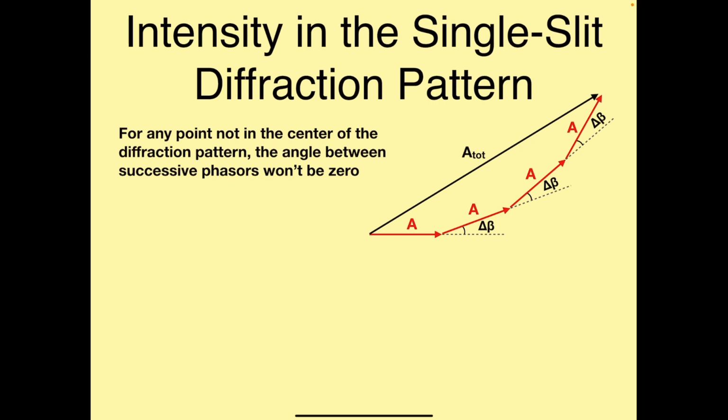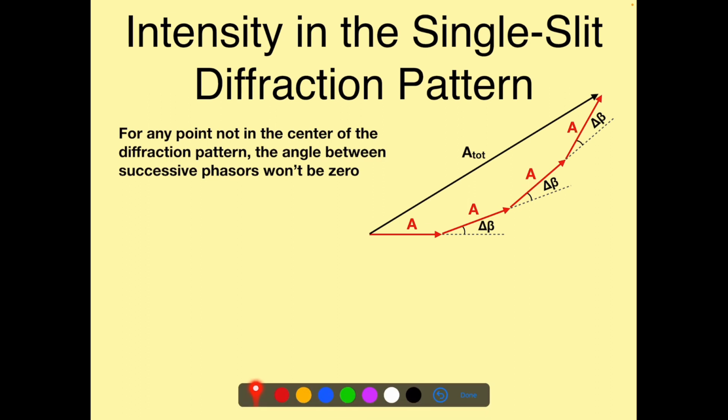Okay, so there are a few things to note about this diagram. First, if we have 4 phasors, so I have 1, 2, 3, 4 here, it just looks like a bunch of line segments connected end to end like this. But if we make n bigger, let's say we have 100 phasors, this is going to start to resemble not a bunch of line segments connected end to end, but more like an arc on a circle.